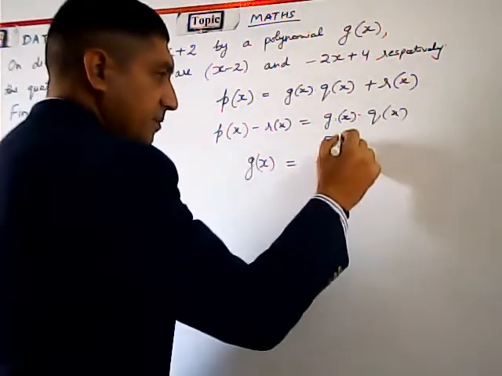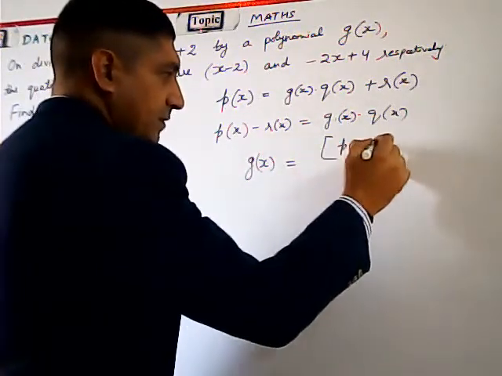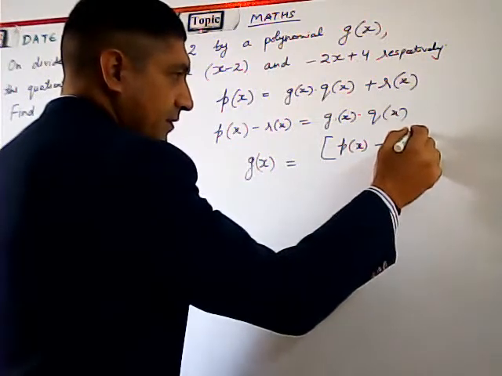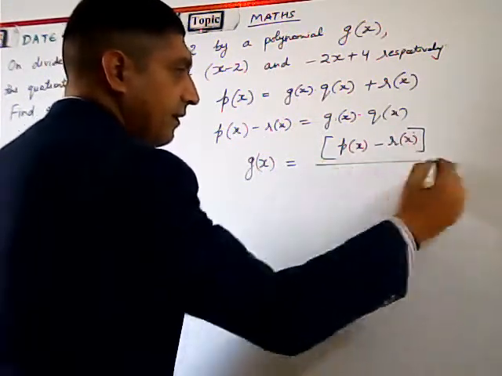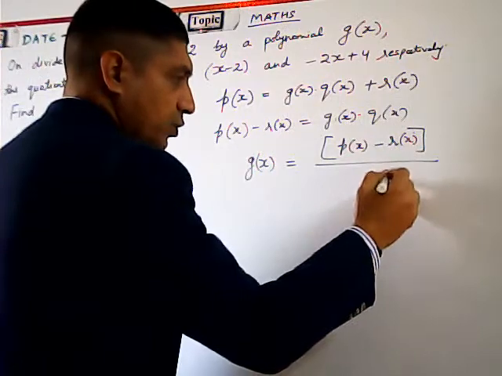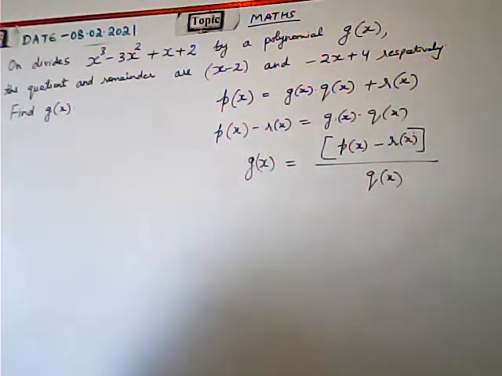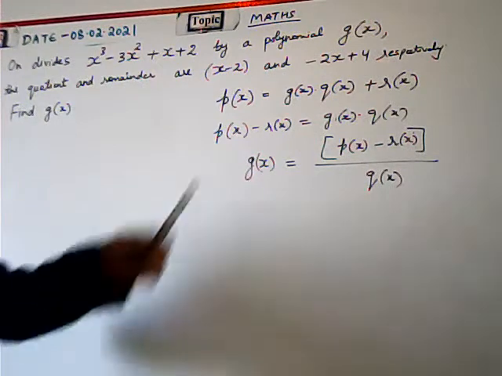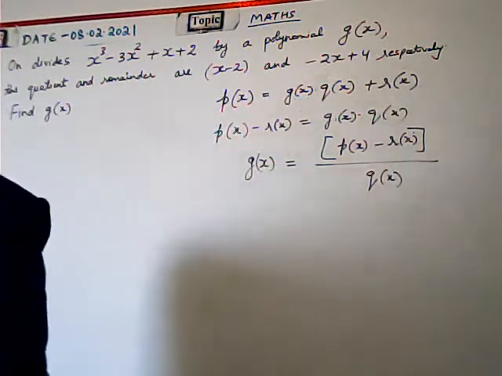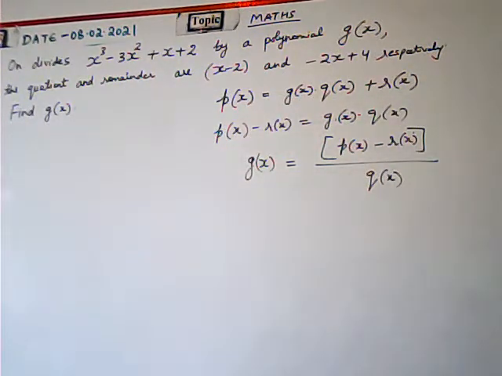First we will subtract p(x) minus r(x) and then divide with q(x), the quotient. The quotient here is x minus 2 and the remainder is minus 2x plus 4.